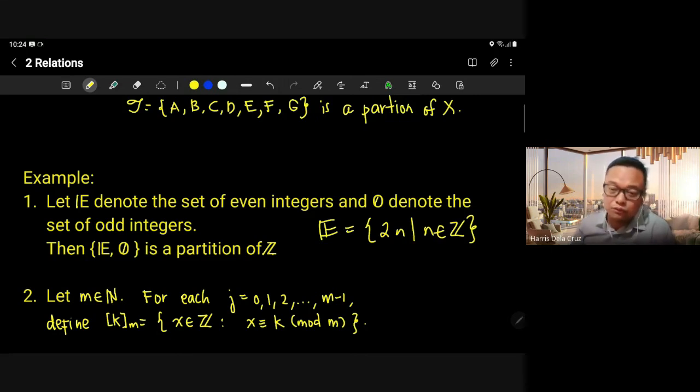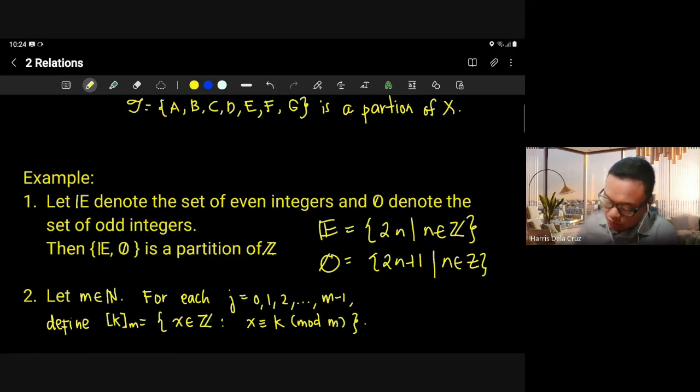Ano mga laman nun? 2, 4, 6, 8, 0, negative 2, negative 4, and so on. Ano naman yung mga O? O is the odd numbers. So, 2n plus 1 for all n an element of Z. Ano laman yan? 1, 3, 5, 7, and so on. Tama? And then, negative 1, negative 3, negative 5, and so on.